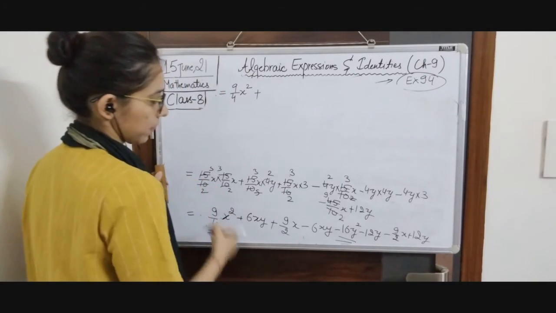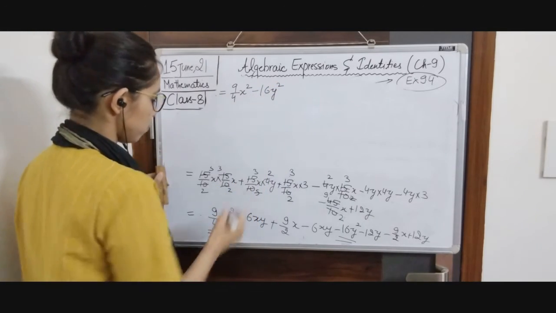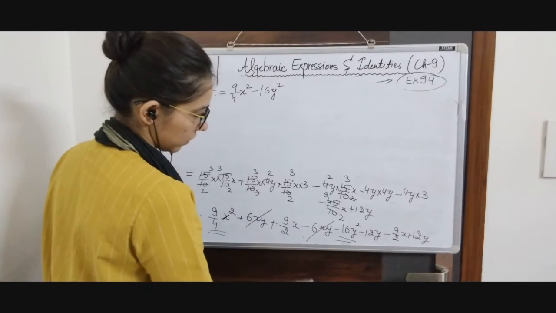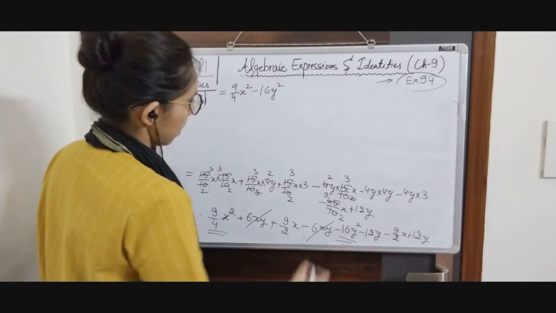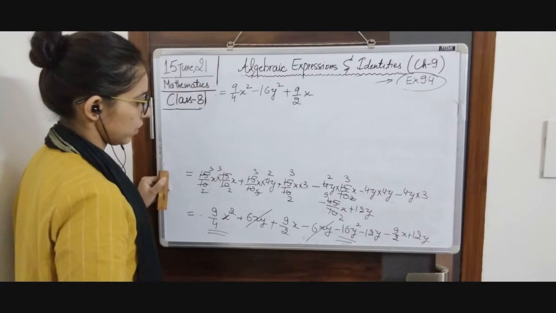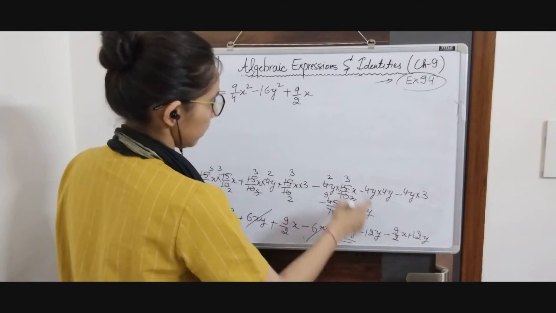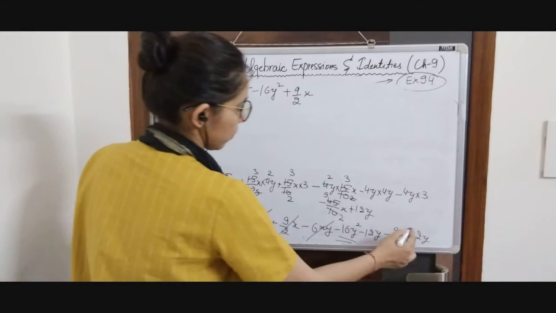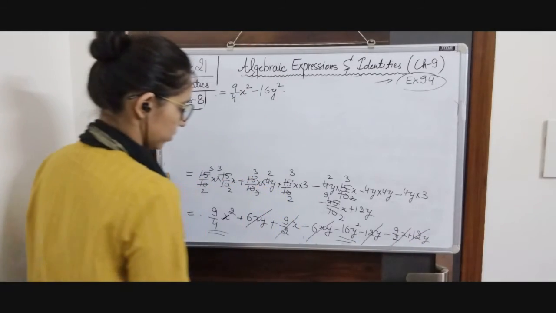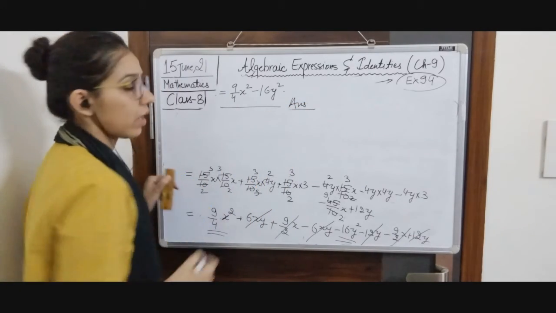Now the like term to y square is alone too. Next we are going to write for xy: 6xy minus 6xy, they will cancel each other. Now the next term, similar to 9 by 2x, they are going to cancel out also. We don't need to write that, and they are also cancelling each other, so we are just left with this one, and this is going to be our answer.